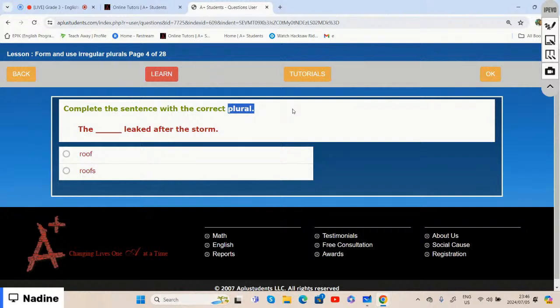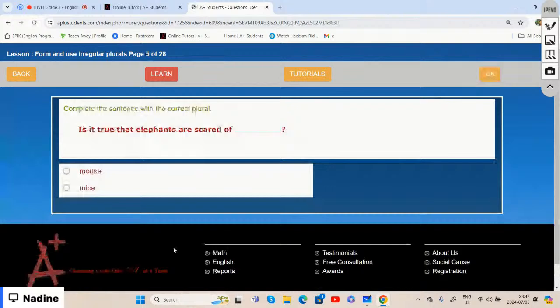We need to select the plural of roof. Which one is correct? We're referring to more than one roof. All right, and if we refer to more than one, then we can say roofs. So well done, roofs is correct.